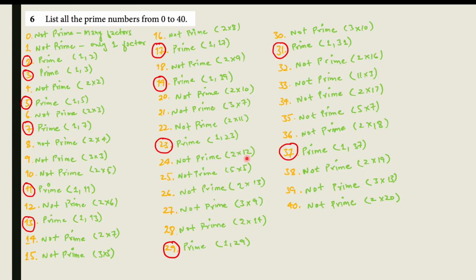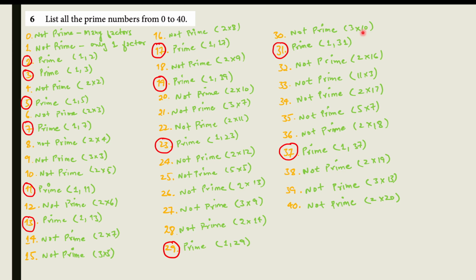For example, 2 multiplied by 12 is equal to 24, 5 multiplied by 5 is equal to 25, 2 multiplied by 13 is equal to 26, 3 multiplied by 9 is equal to 27, and 2 multiplied by 14 is equal to 28.